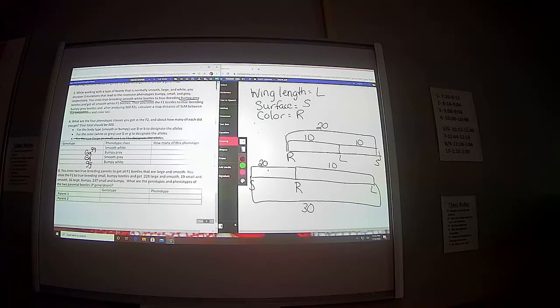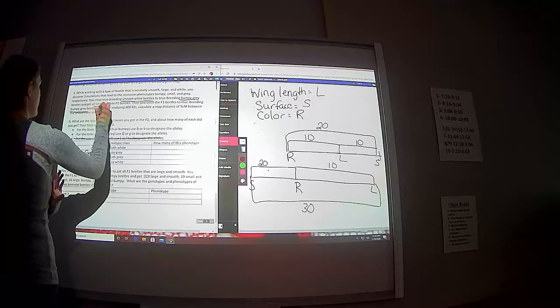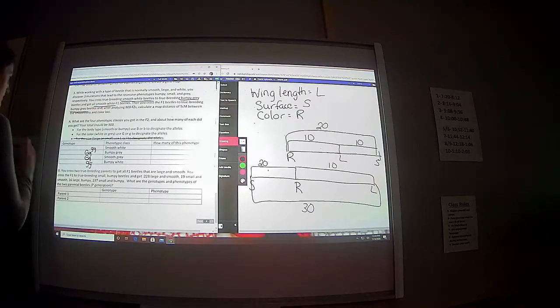Now in order to be smooth, let's see, that's going to be a recessive trait, right? Oh, whoa. Sorry, F1 generation are smooth and white.